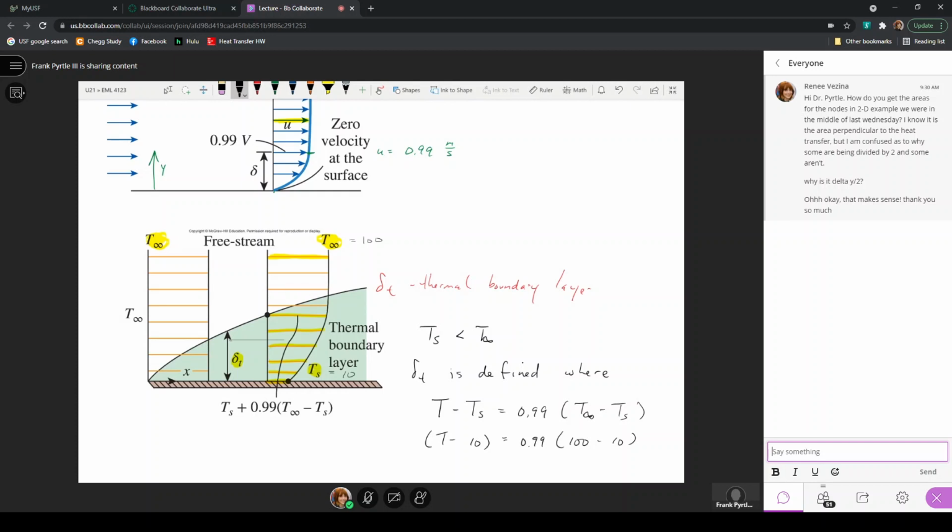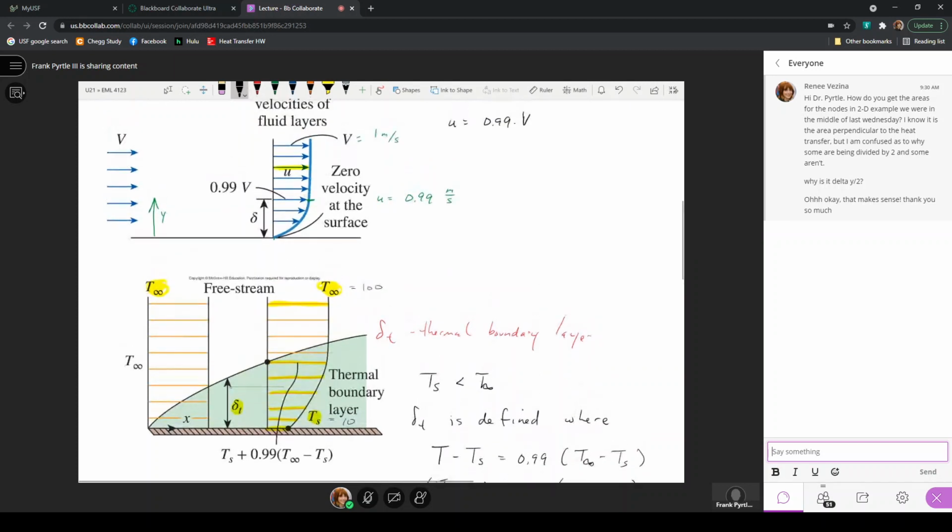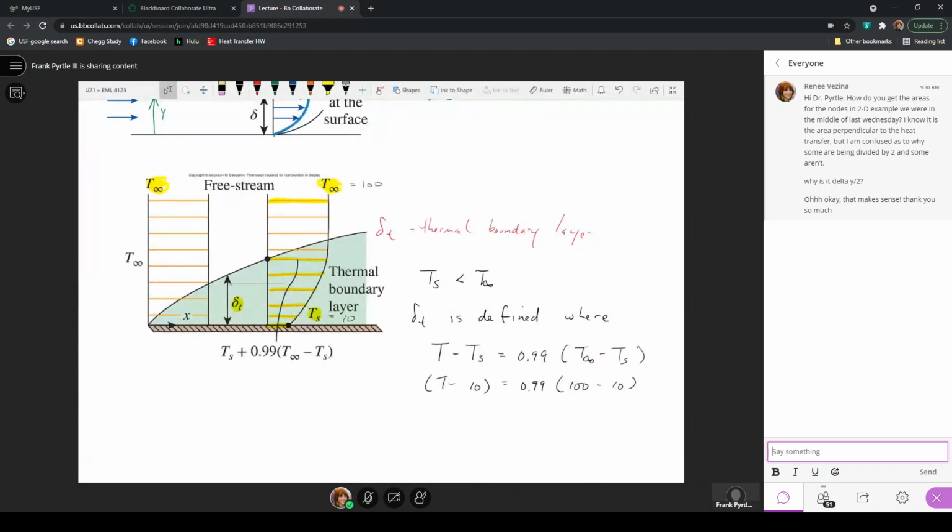It's a little bit different expression because we know that due to the no-slip condition, the velocity at the surface is always zero, and that the fluid velocity is the free stream velocity, that's a constant. It's basically exactly the same equations, except that we're taking into account that the surface temperature is zero. If we let the surface temperature be zero, this becomes T equal to 0.99 of T infinity, if Ts is equal to zero. The equation would look exactly the same as the velocity equal to 99% of the free stream velocity.